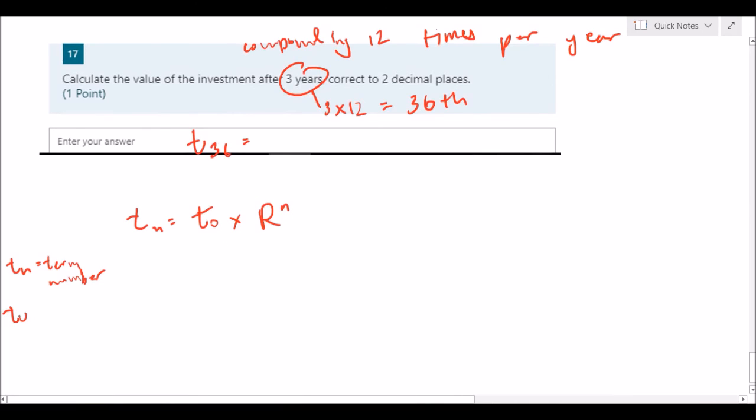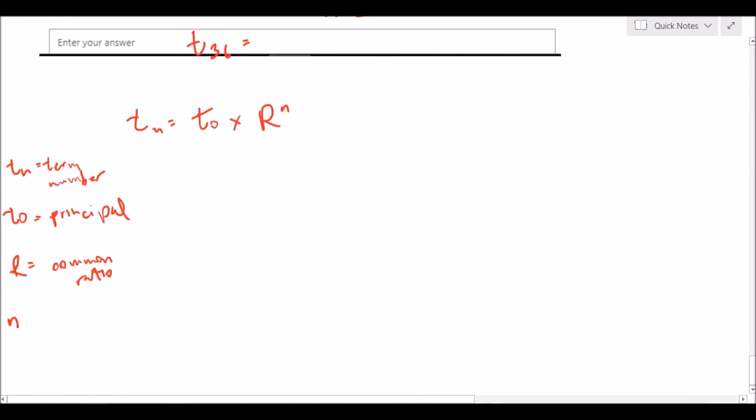T0, remember in this case, is the starting amount or principal. R is the common ratio change, or the thing you're multiplying by. And then n is the term that you're looking for.